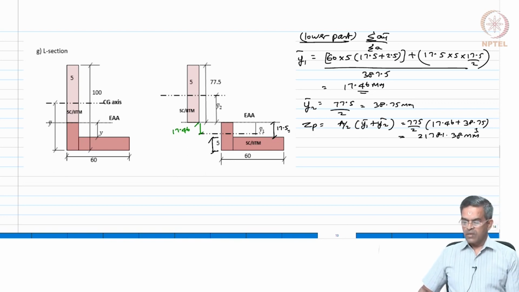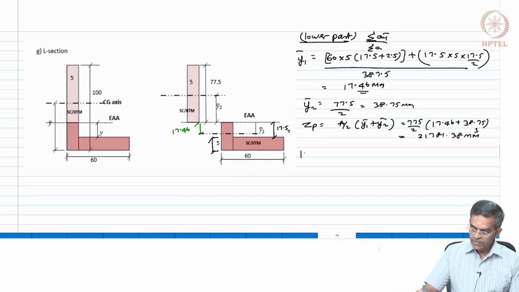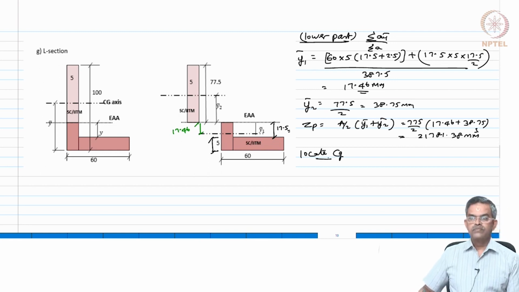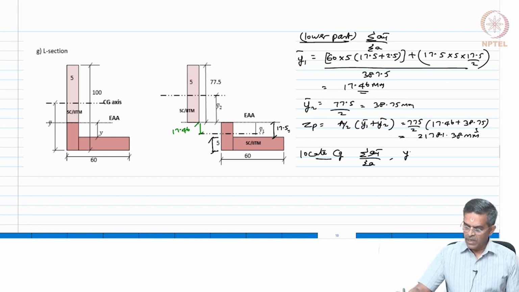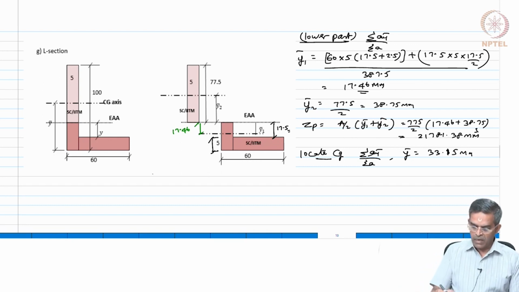So, similarly, one can locate the CG. Okay, I am not giving the answer, I am not giving the procedure, I think you should be able to work it out. Use sigma A y bar by sigma A and you will get y bar as 33.15 mm.